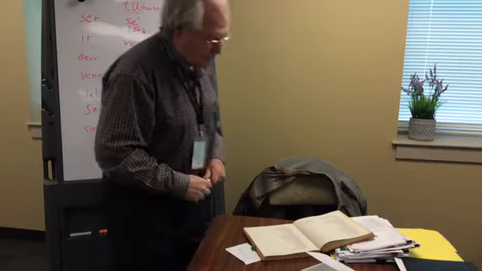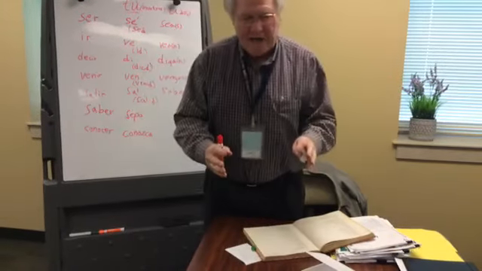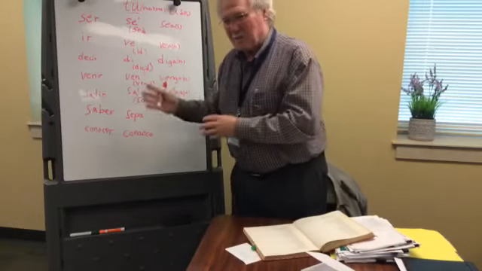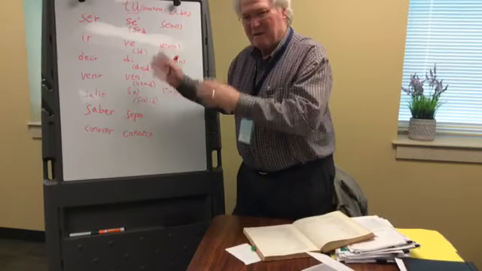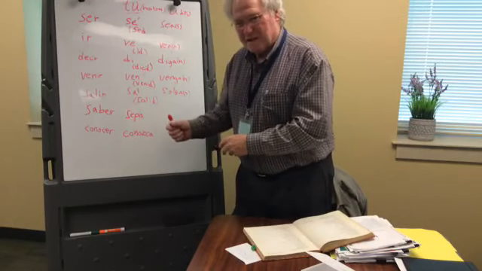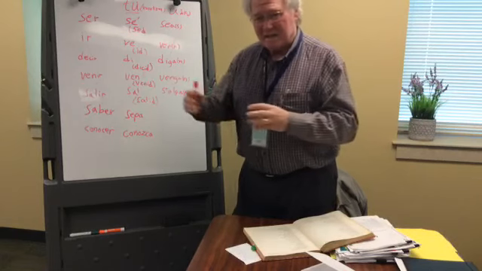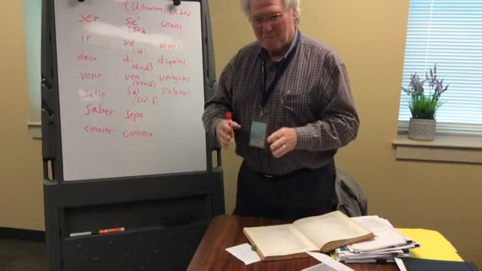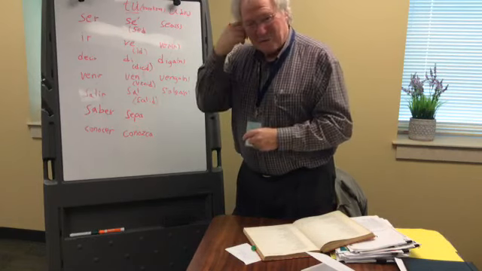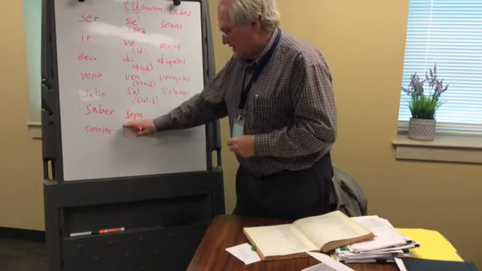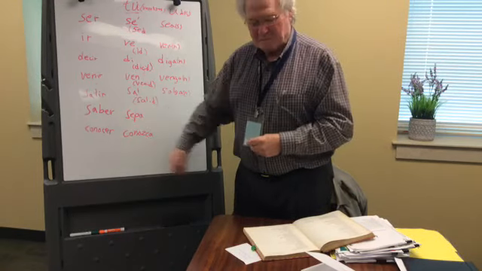So my command to you is conozcan estas formas. Be familiar with these forms. And then if I say sepan estas formas, know them. Okay? Difference between knowing and being familiar and knowing thoroughly.